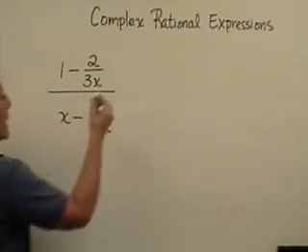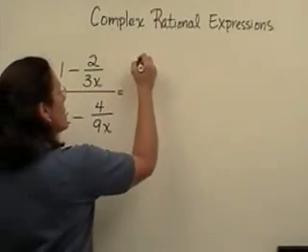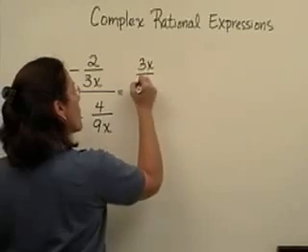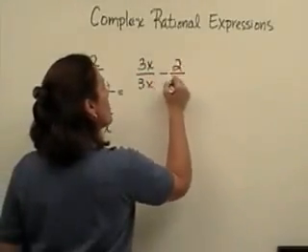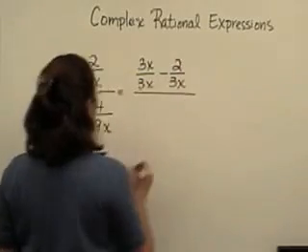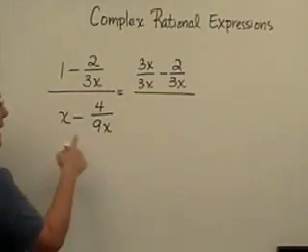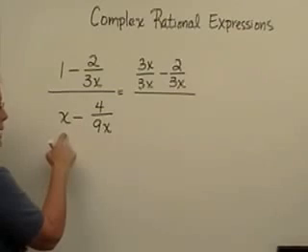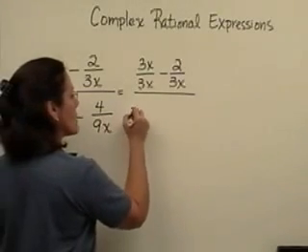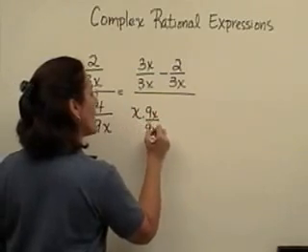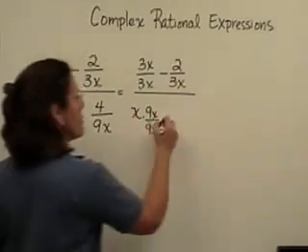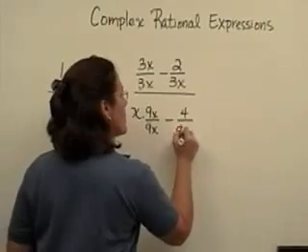So the 1 has to be rewritten as 3x over 3x. That is essentially 1 minus this 2 over 3x. And then downstairs in the denominator, I need a 9x downstairs with this x. I'll go ahead and write it like this. So I need to multiply the x by 9x over 9x to get that denominator, minus this 4 over 9x.